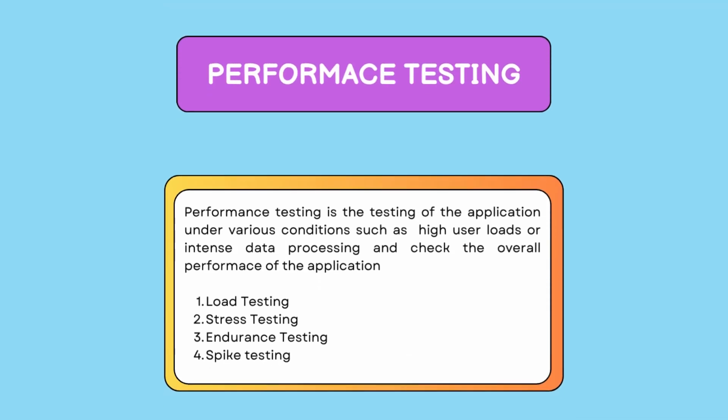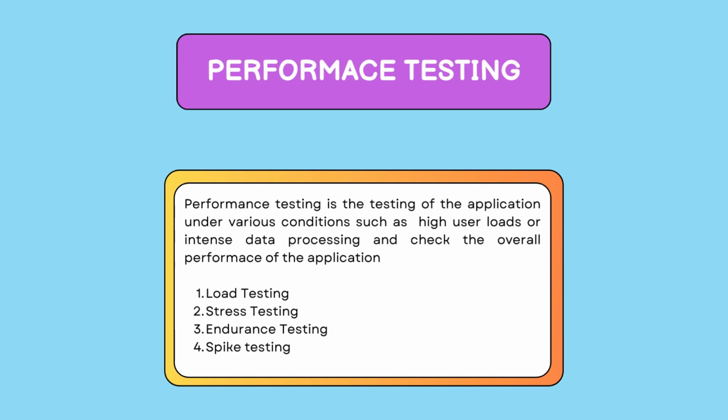The last but not the least term is performance testing. As the name suggests, in performance testing we check the performance of software in various conditions. Performance testing is the testing of an application under various conditions such as higher loads or intense data processing, and checking the overall performance of the application.